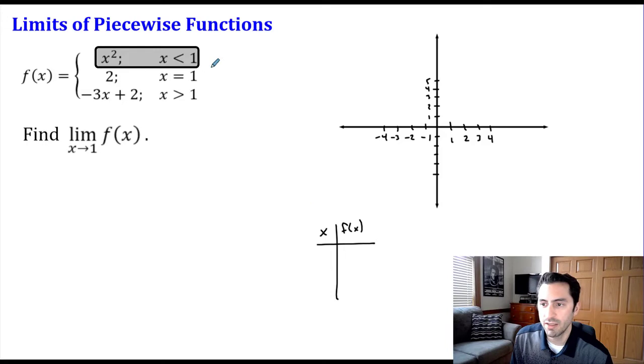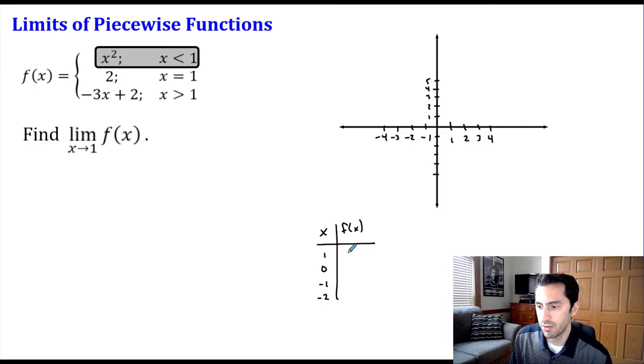And based on the interval that we have, this only works for the values that are less than 1. It is just less than, so we don't have the or equal to part, but I do want to start at 1, and then I want all the values that are less than that. So I'm just going to pick out a couple, and these are what I'm going to plug in.